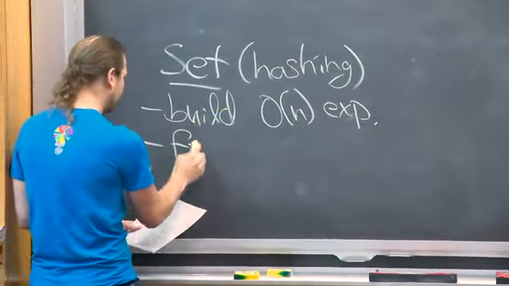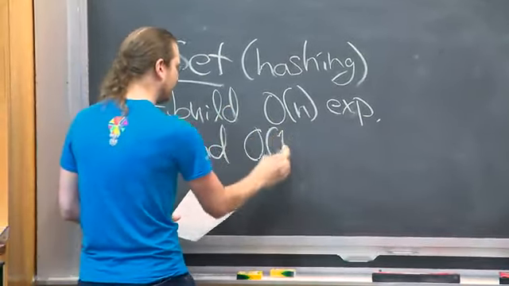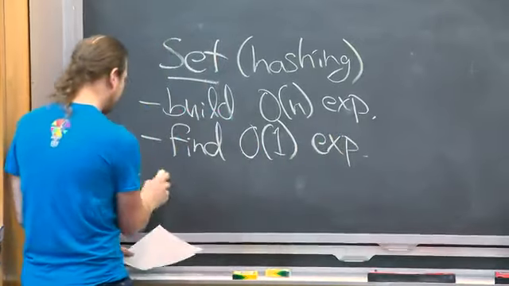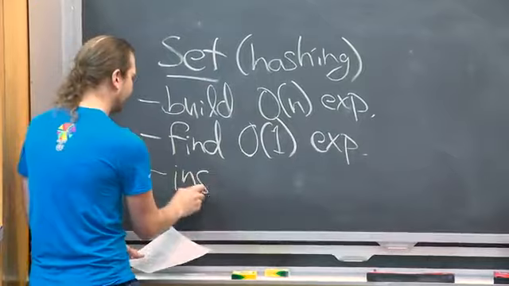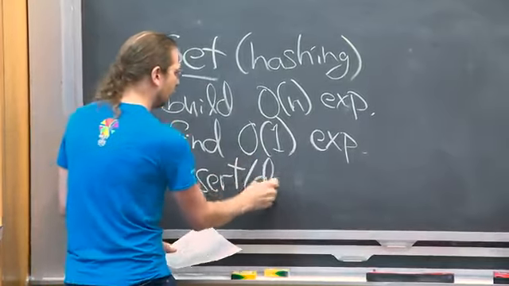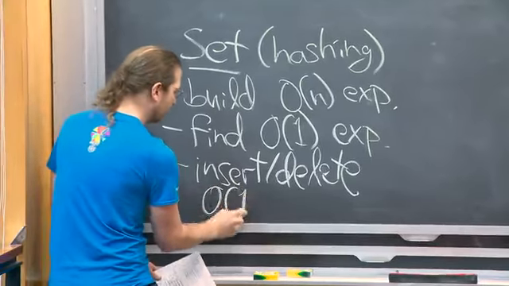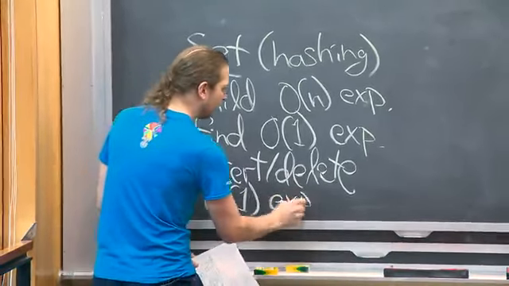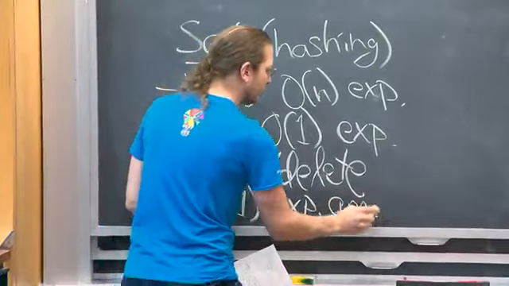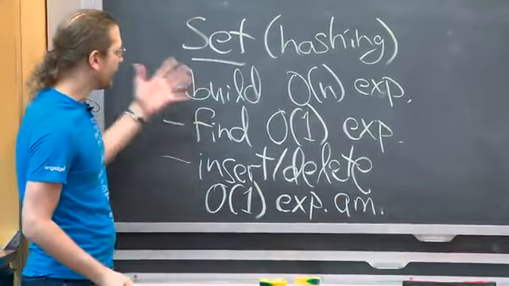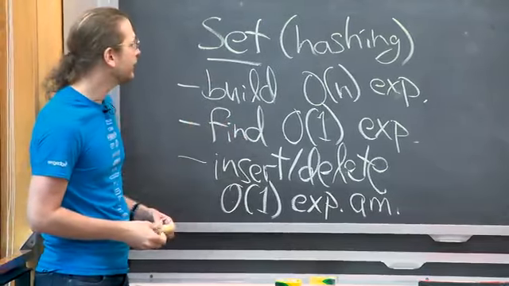We can build one in linear time, expected. We can find an item in constant time, expected, by key. And we can insert or delete an item in constant, expected, amortized time. Okay, so this is a black box that we're given.